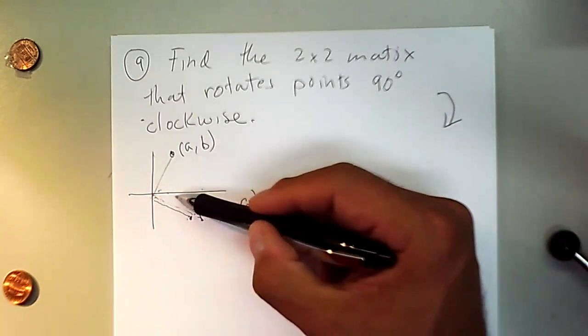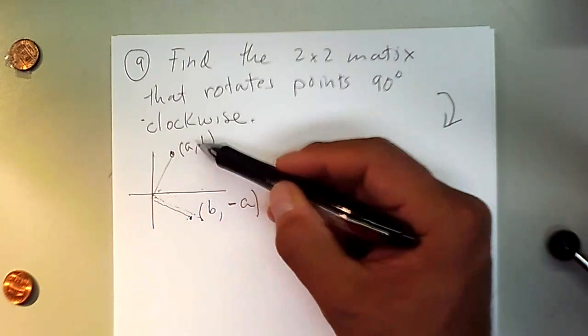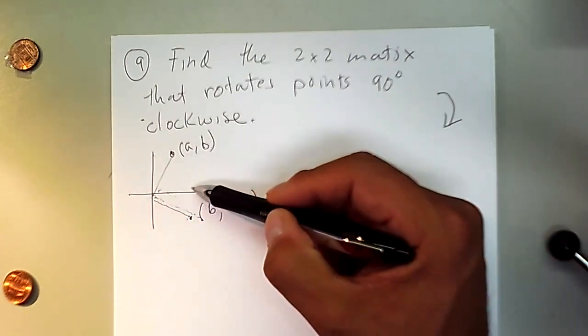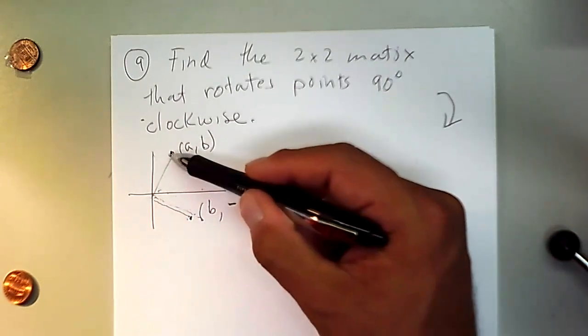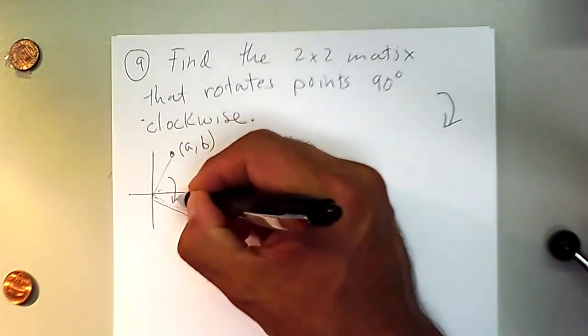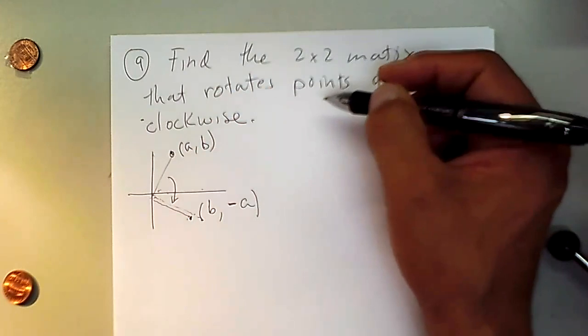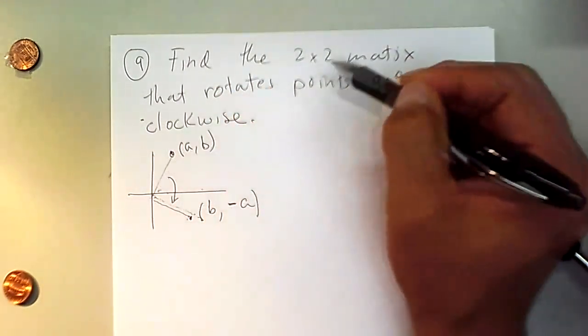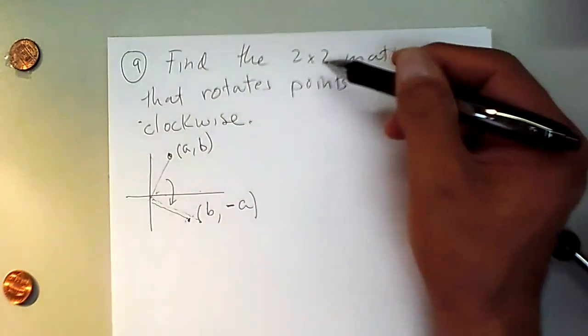Yeah, so if you have A, B, and you go B, opposite of A, that is a rotation of this point in this direction by 90 degrees. And the distance is going to be preserved, so this is a perfect rotation.